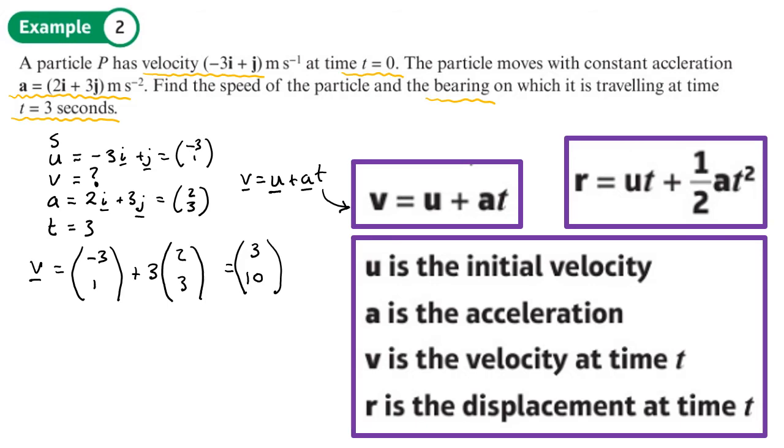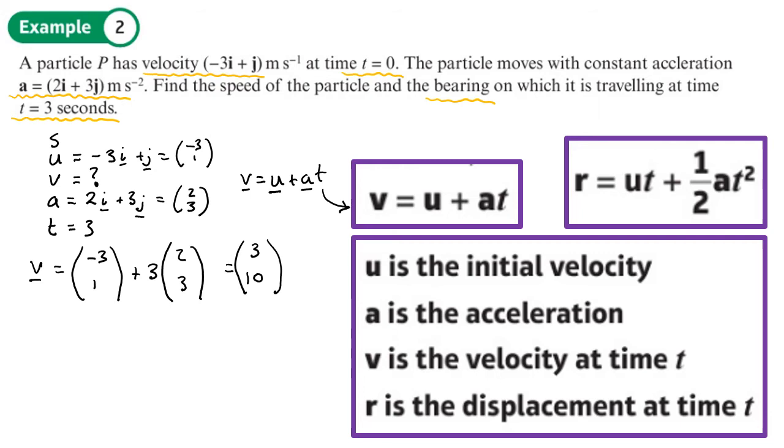What we now need to do is to take those numbers. We're going to use Pythagoras to find the speed, the size, the modulus of the velocity, and we'll use trigonometry to find a direction.